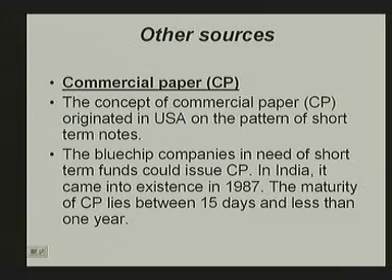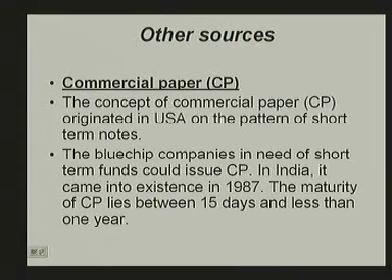Now, the commercial paper's maturity lies between 15 days and it is always less than 1 year. Now, commercial papers are available in a number of denominations. For example, it could be 500,000, it could be 100,000. So, under these denominations commercial papers are issued, and that way the companies realize the requirement for working capital.